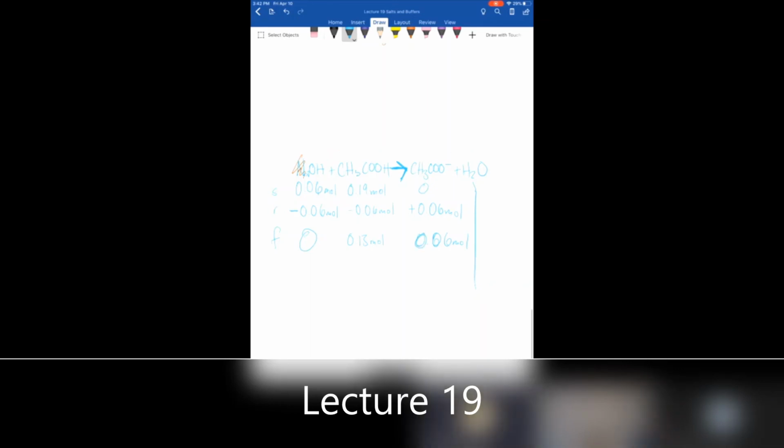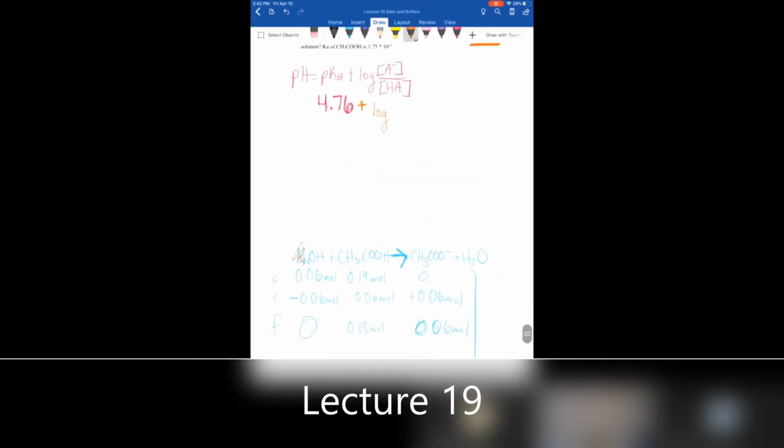Okay. So now we can take these beautiful numbers and go back up here. So it's what over what? The 0.06 over the 0.13. Okay, so now we can do our calculations.